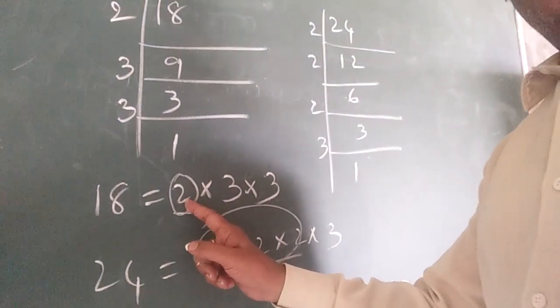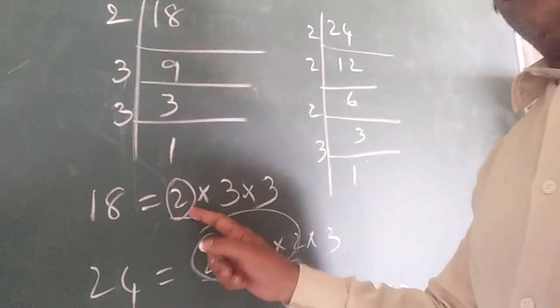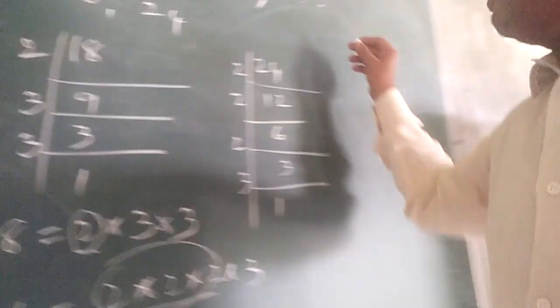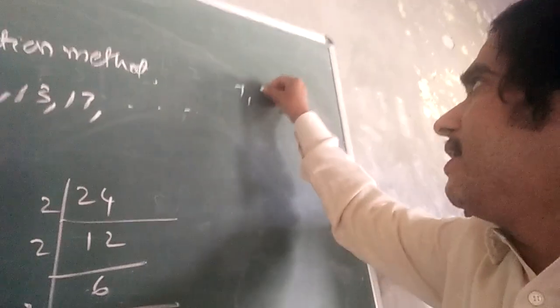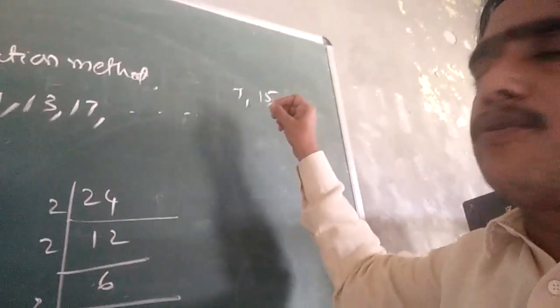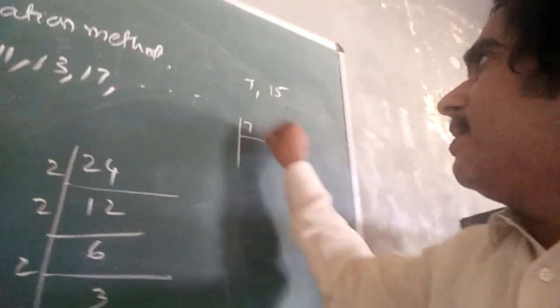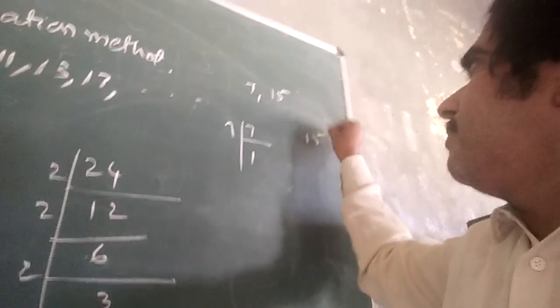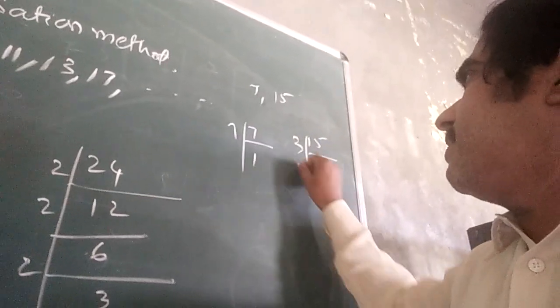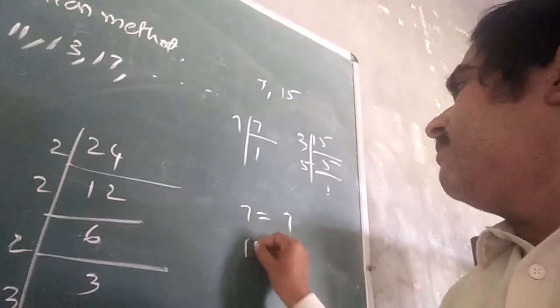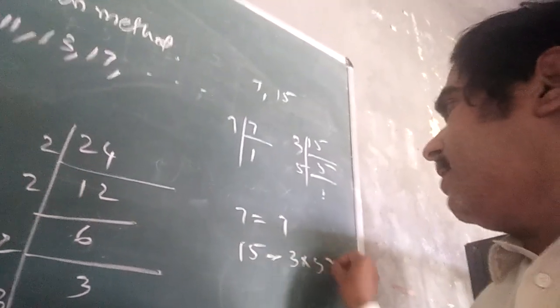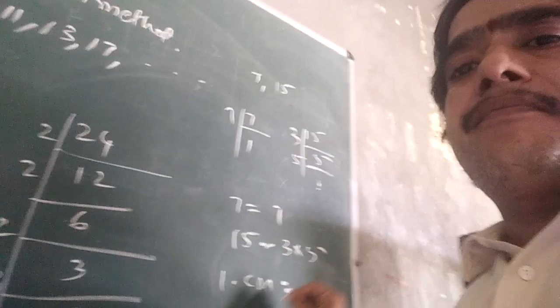Even if the prime number is not common, suppose you get 7 and 15, you have to do prime factorization. 7 ones are 7; 15 is 3 5s, 5 ones are 5. So 7 is alone, and 15 is 3 into 5. Now you have to write the LCM.